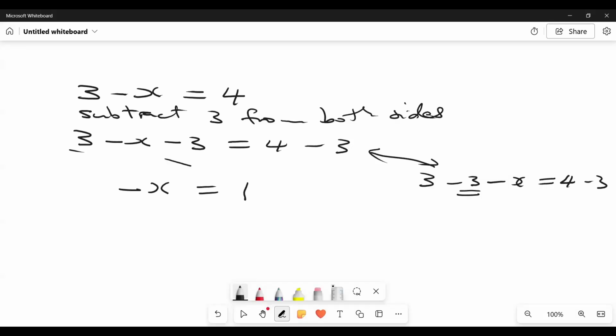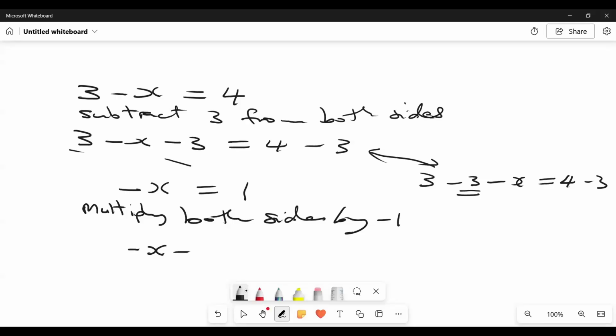Good. So now we have this, but we want x and not minus x. So what we'll do now is multiply both sides by minus 1. So you're left with this now.